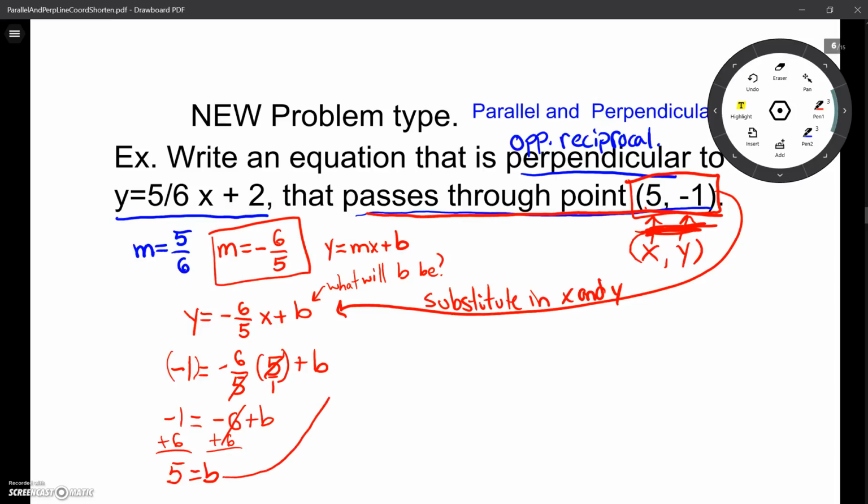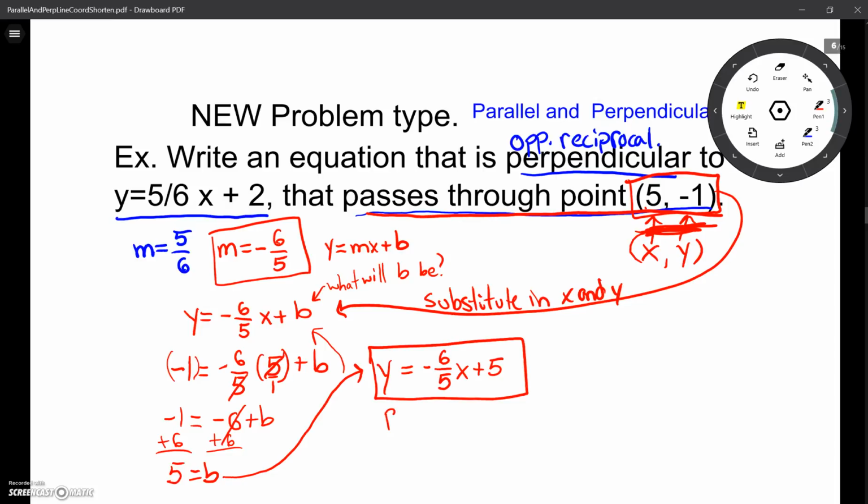And then my last step here is to rewrite this original equation, this one, but with the 5 in for b. So my new equation is y is equal to -6/5 x, and then plus or minus whatever that b value is. In this case, it's a +5. And that is my new equation for a line.